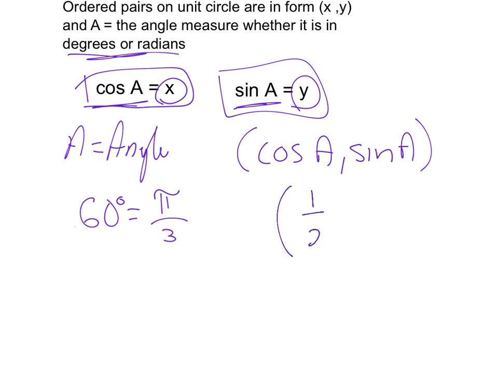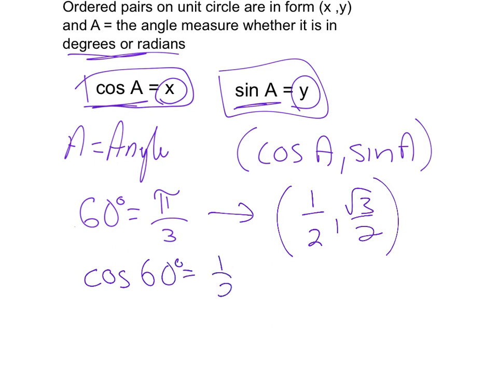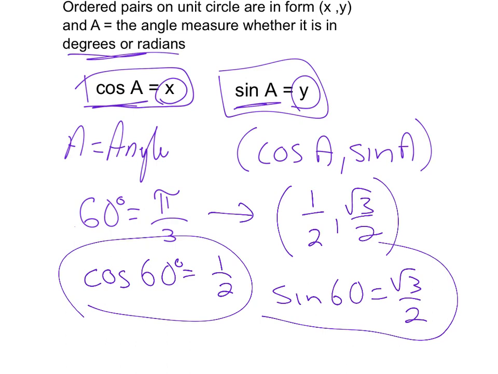That goes 1/2, square root of 3 over 2, right? That is what your unit circle should have. So the cosine of 60 degrees is going to be 1/2, and the sine of 60 degrees is going to be square root of 3 over 2. Okay, that is what you're looking at right there.